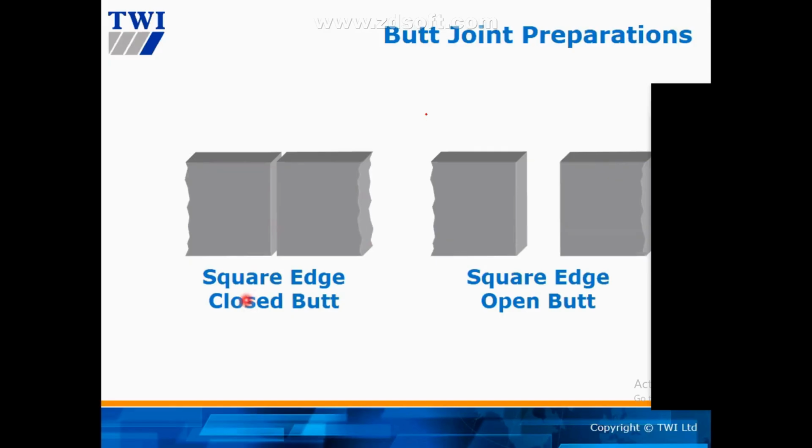When we talk about joint preparations, square edge closed bar or square edge open bar, this applies for material less than 3 mm normally. Very thin material, thin plate. When we weld with the electrode from the top, penetration can reach the bottom of the plate.